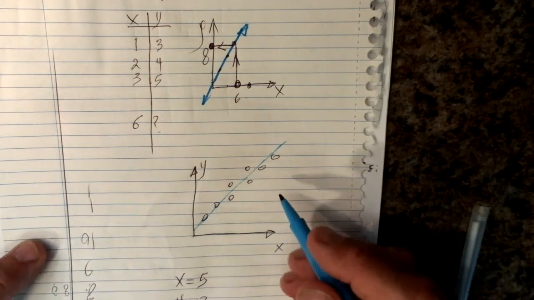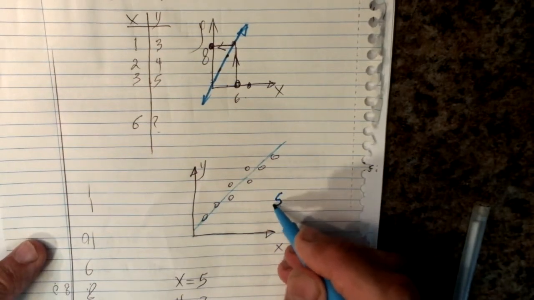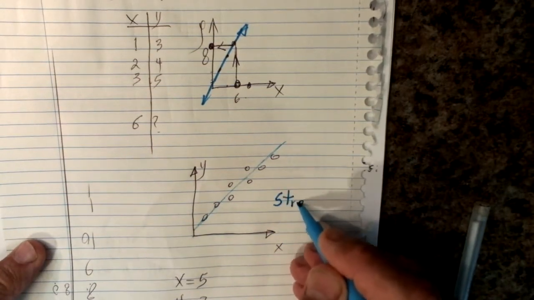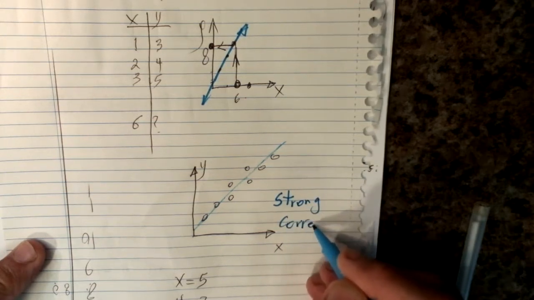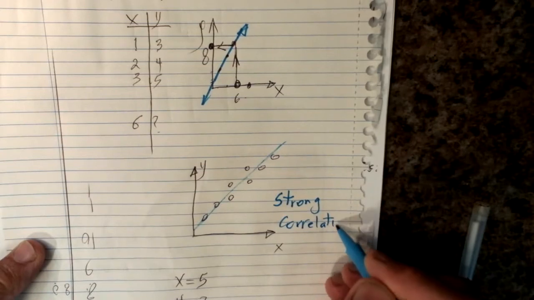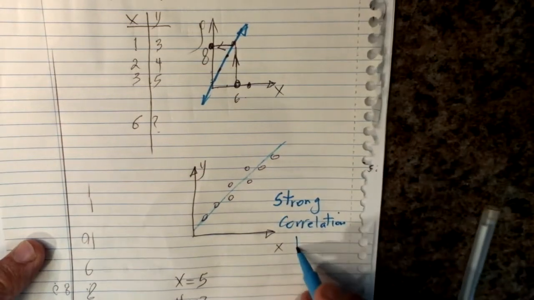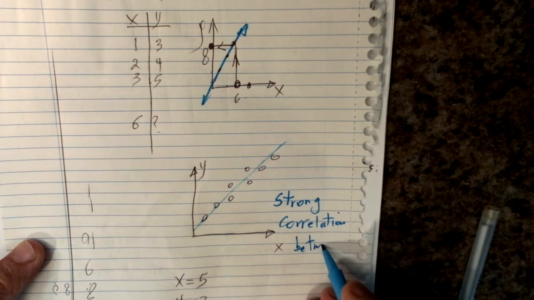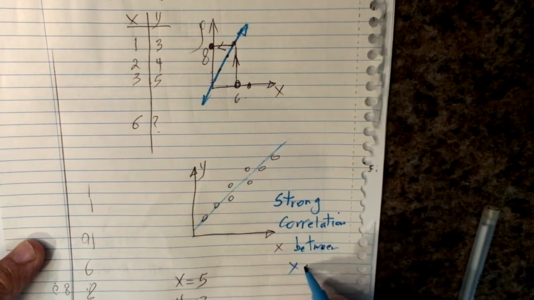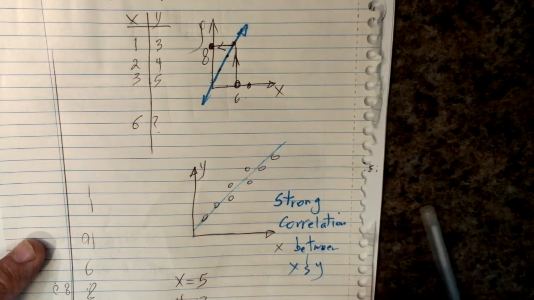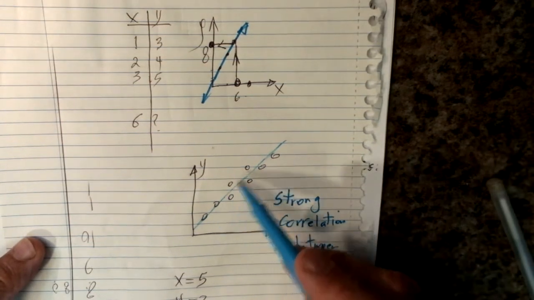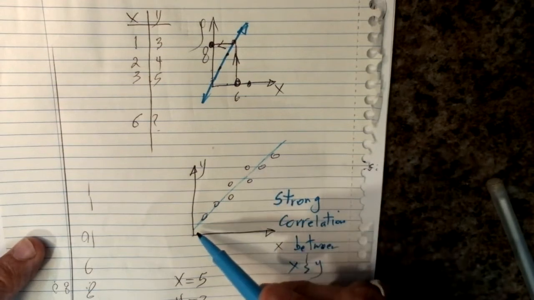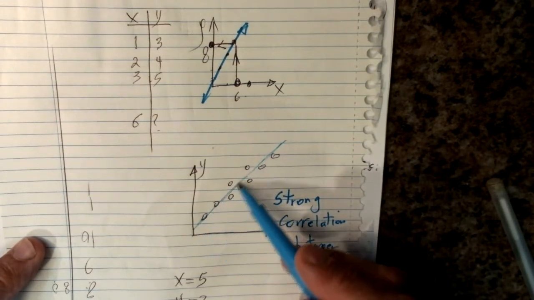So in this case, we say we have a very strong correlation between x and y. There is a strong correlation because all the points are kind of lying on a straight line.